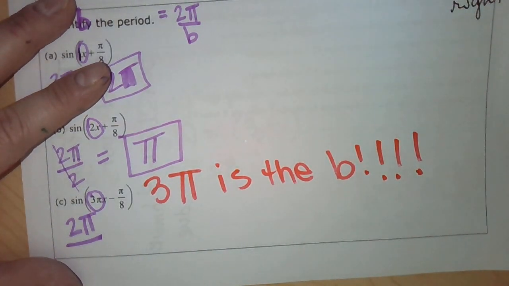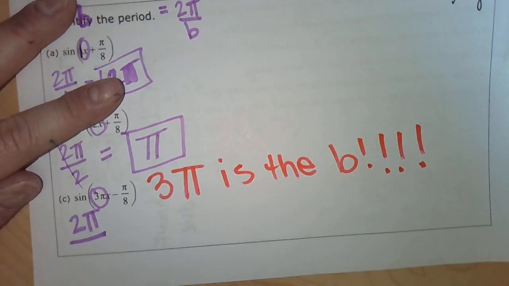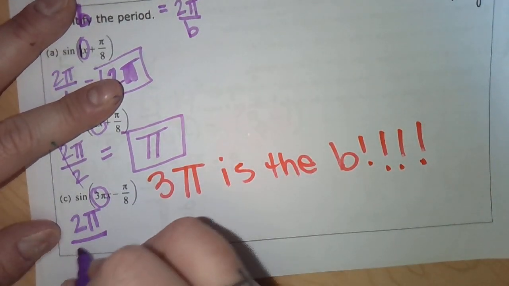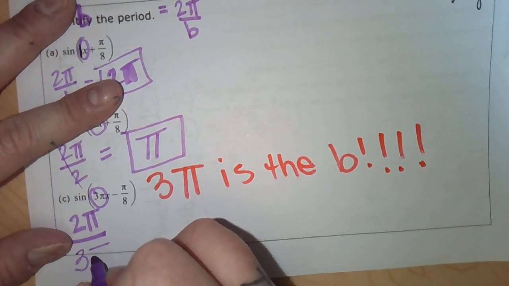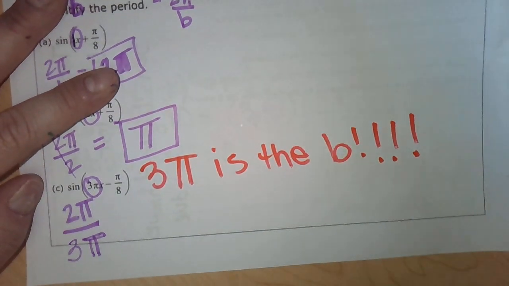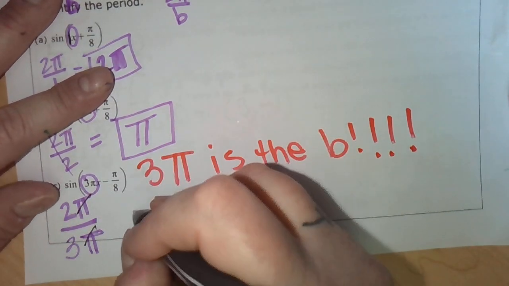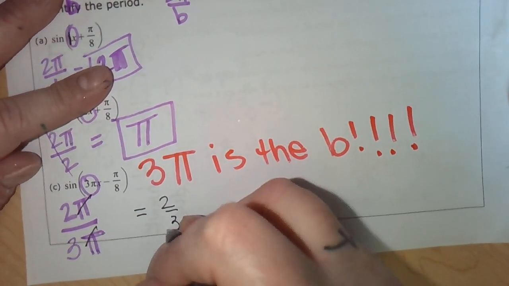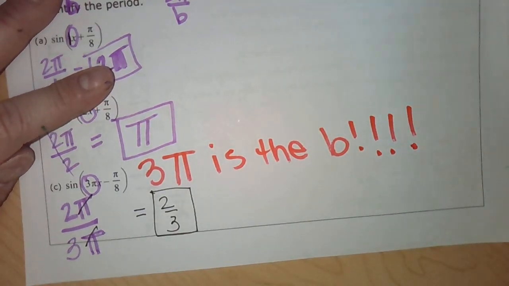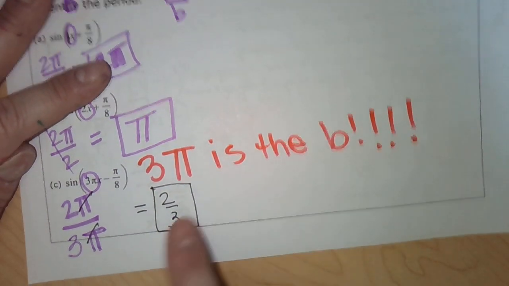So whatever is attached to that x is the b, even if it's a symbol, because that symbol technically means 3.14, which is a number, which is what the b is. Okay, so now the pi's cancel. Shabooey. And we get 2 over 3. That's how long the period is. And I know it's missing the pi, but it's okay.